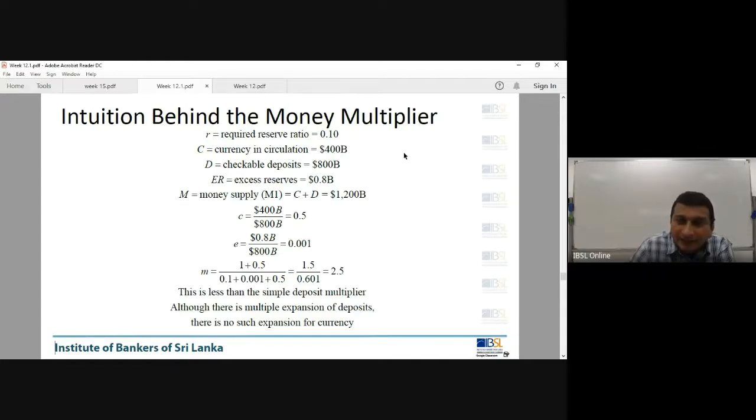C equals nothing but small c times D. That means 400 equals small c times 800. I'm just telling you now because you can simplify later, right? Then you see currency in circulation in absolute value, checkable deposits in absolute value, and they have given excess reserves also in absolute value. I said they keep a small excess reserve.